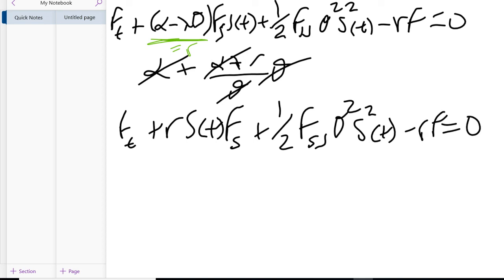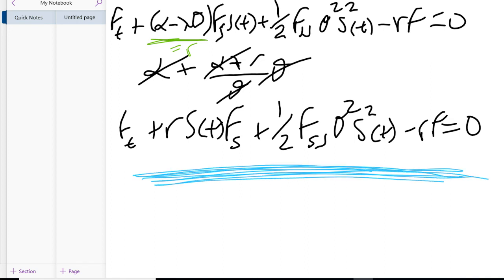So that there then is of course the Black-Scholes partial differential equation with the drift set to r rather than the drift of the underlying asset alpha.